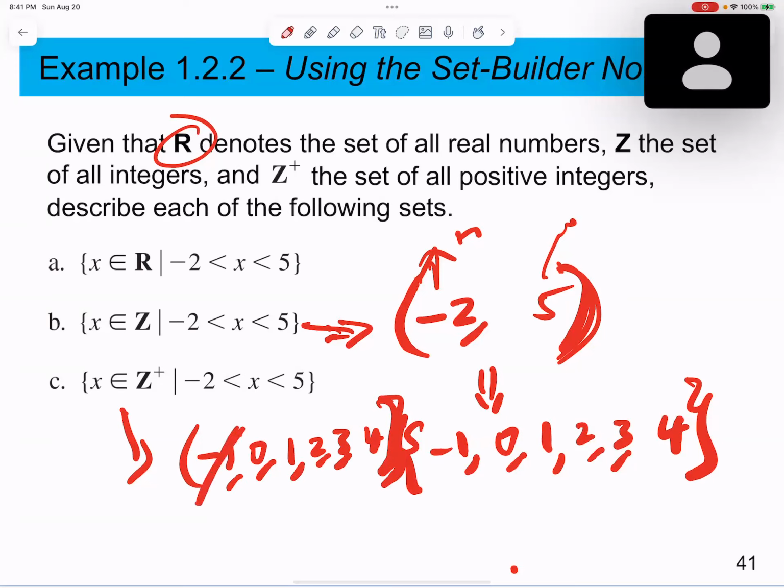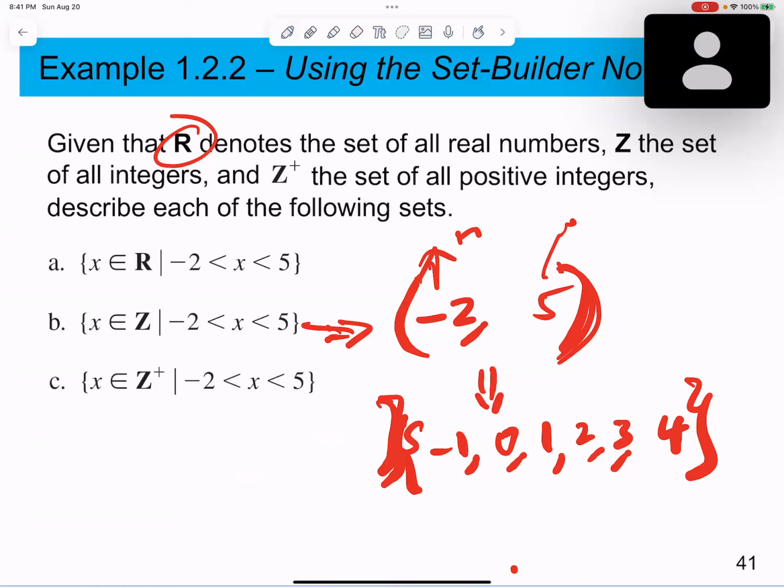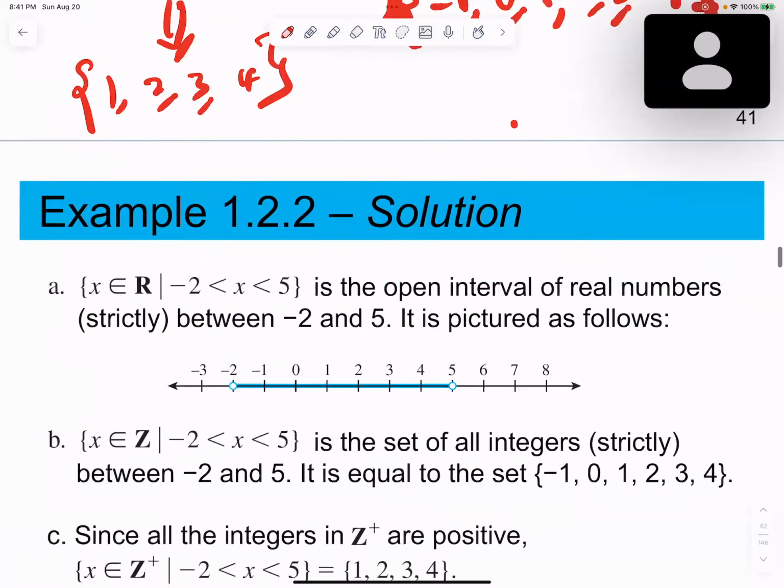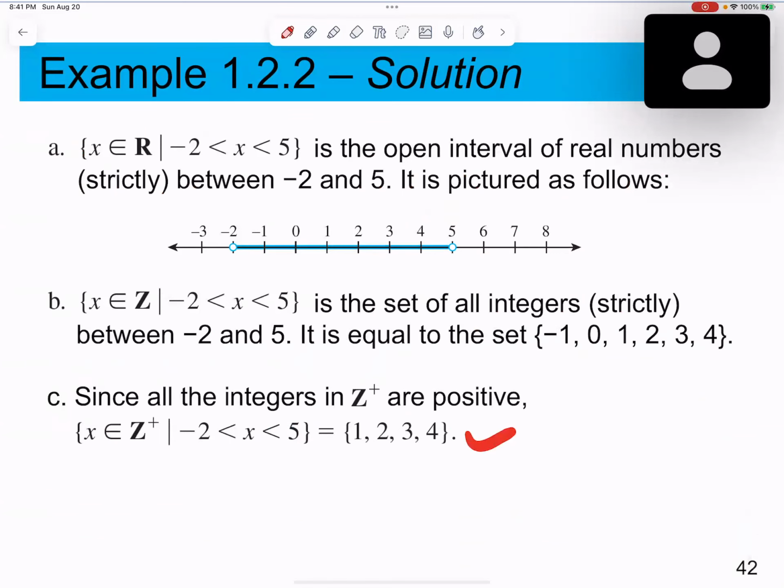But we are not going to use negative because it's talking about positive numbers. So I'm sorry about that. So this set will give you 1, 2, 3, 4. No, 5. 5 is not part of it. Okay, that's what you have. And let's check it. See what I got? Perfect.